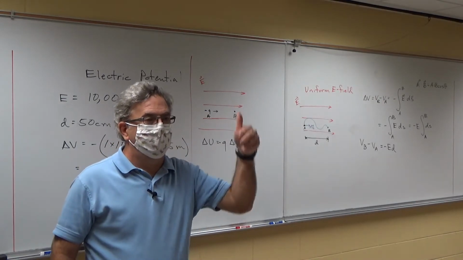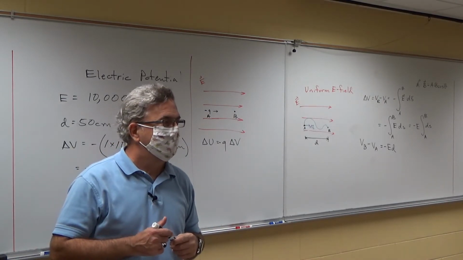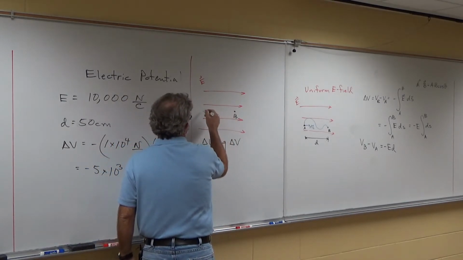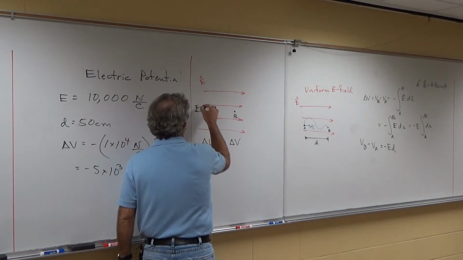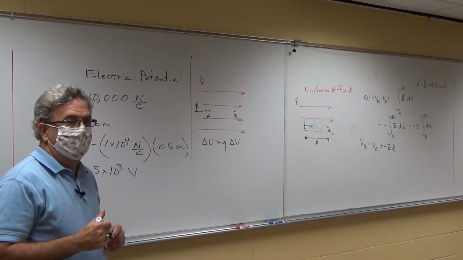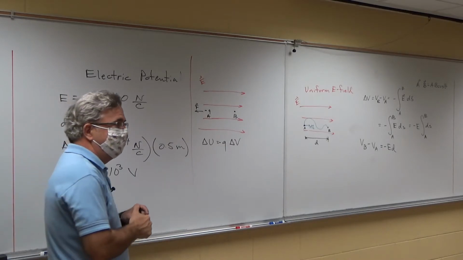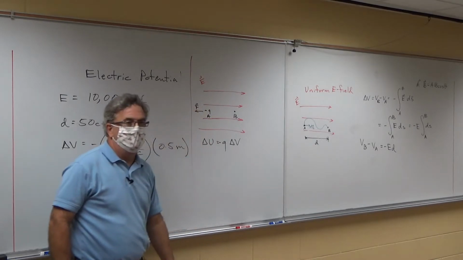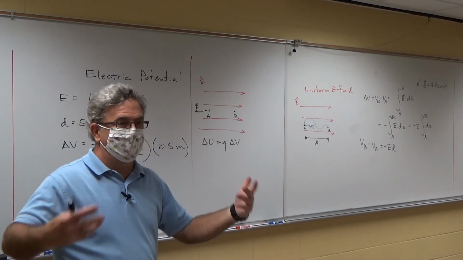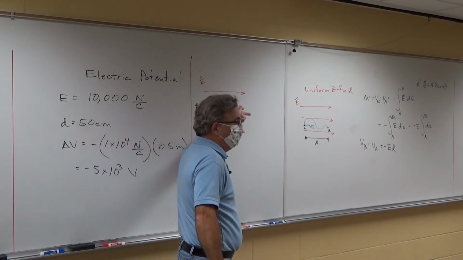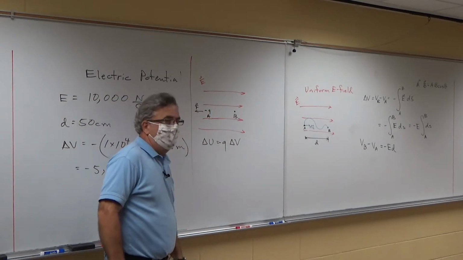You went up in potential energy, because the force on this negative Q is in this direction, right? There must have been something providing some work to move it this way. Or it had enough kinetic energy that it came in and started slowing down, slowing down, slowing down. Okay?